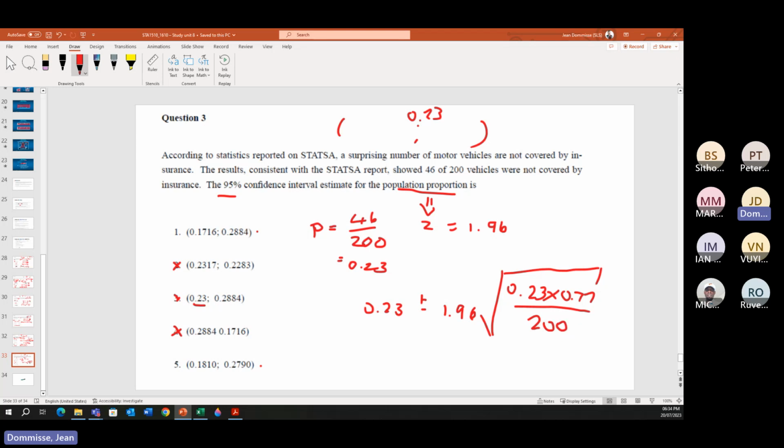Again, it's easier for me to use Excel for this, and your calculator will do as well. So 0.23 times 0.77, to check that is correct, divided by 200 because that is your sample size, times 1.96.